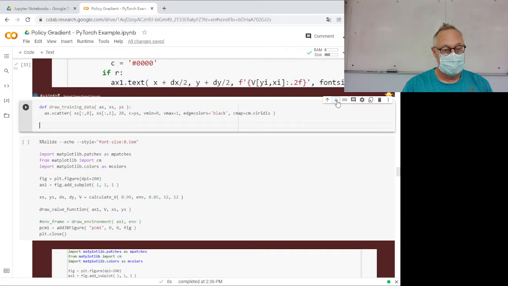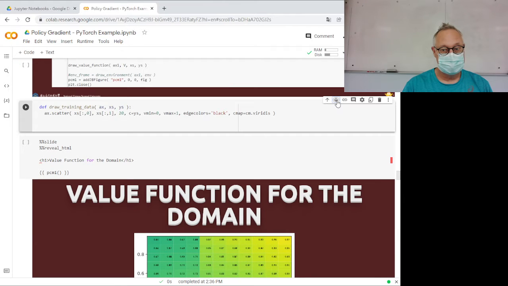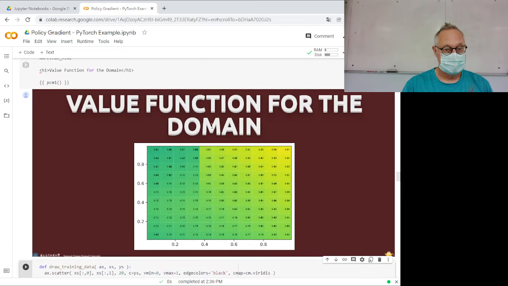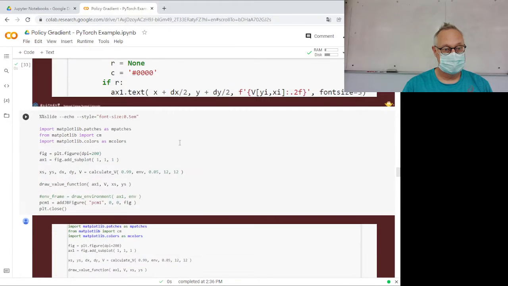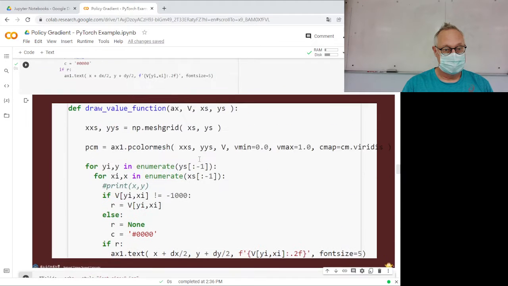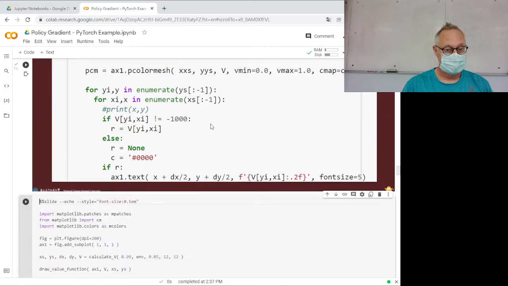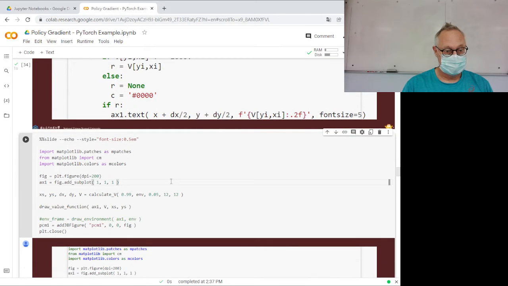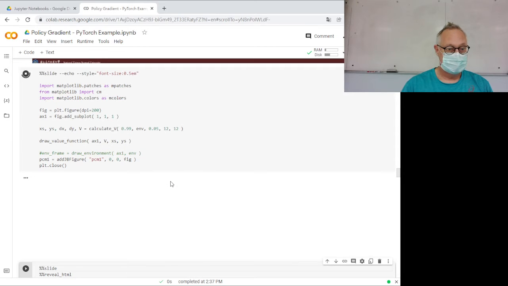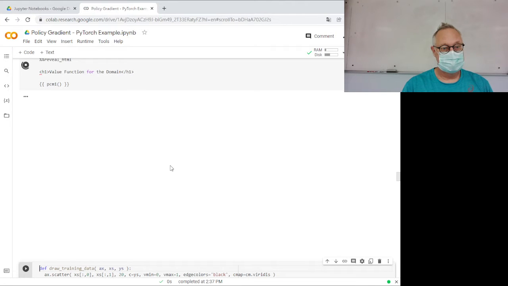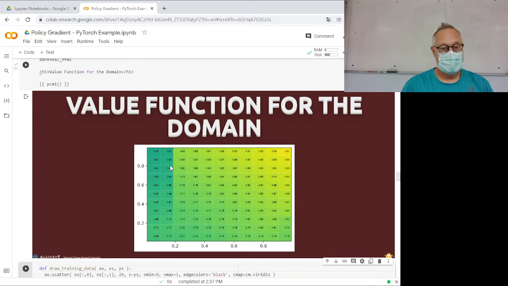And this is the resulting heat map for that particular domain.